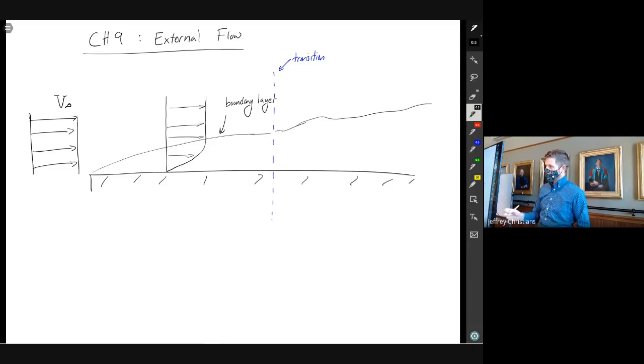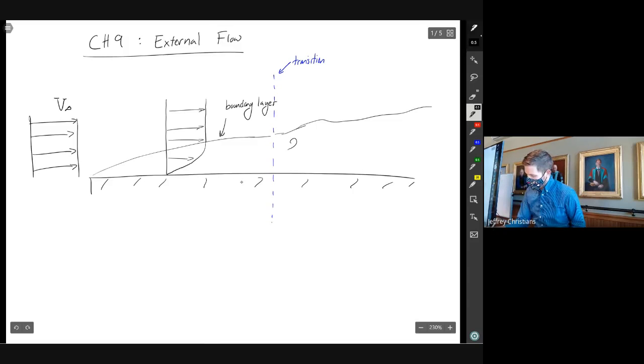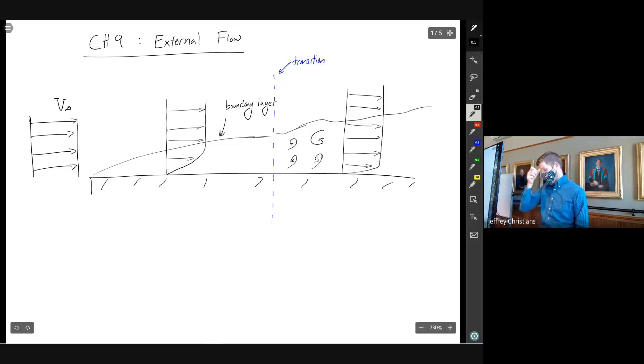We still have a boundary layer, but now the physics kind of changes, because now we have mixing going on. So in this, we have a much more blunt velocity profile. We'll talk a little bit about why that is, but we have these two regions.